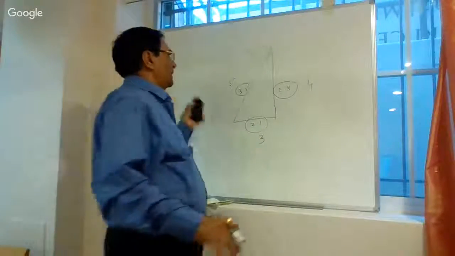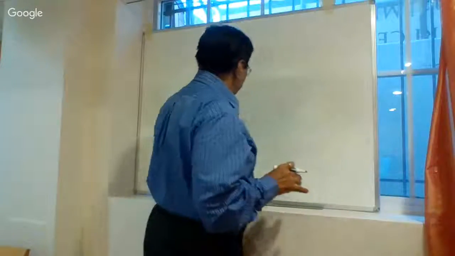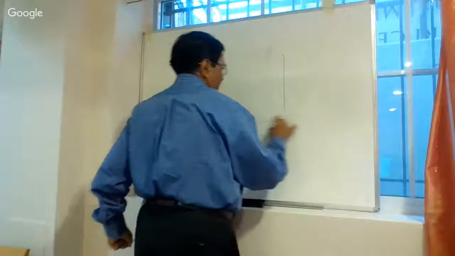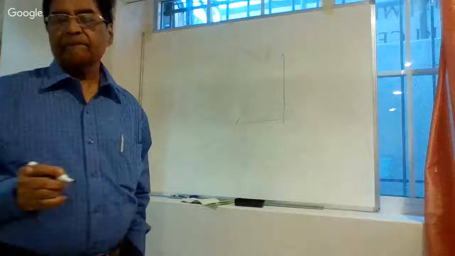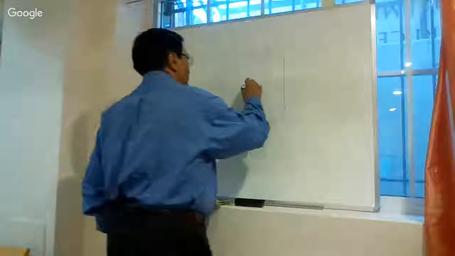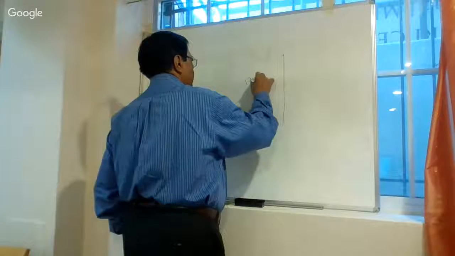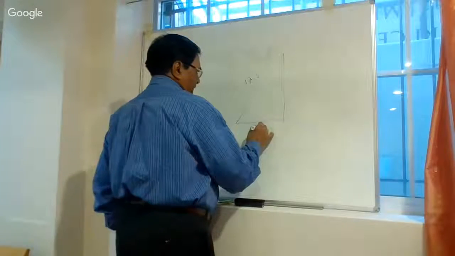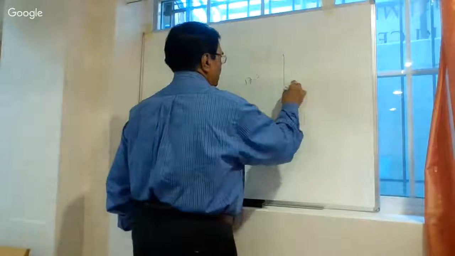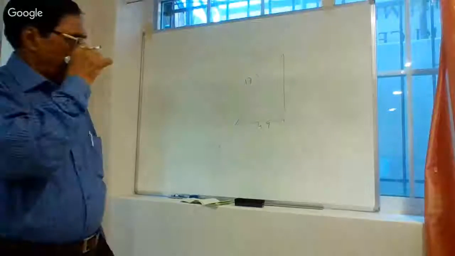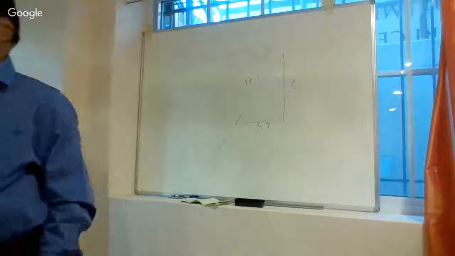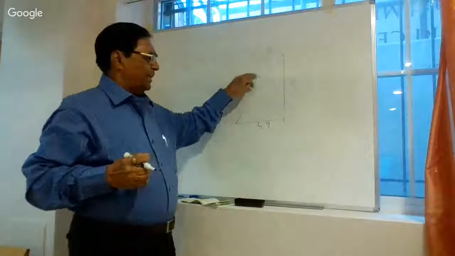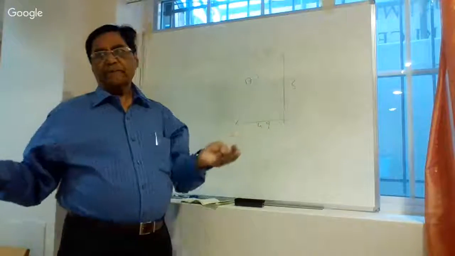Well, see the way. I shall take another way. Right angle triangle. Suppose this is a question to find out: 17.5 square minus 4.9 square, and so on.